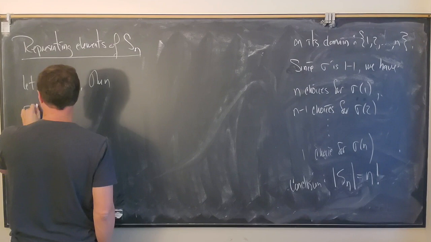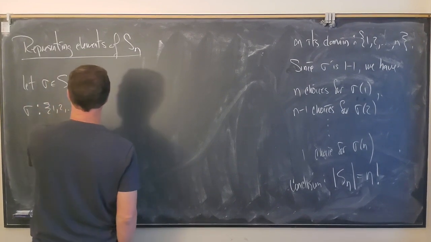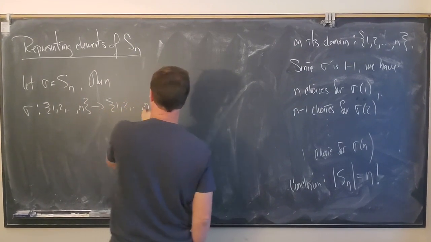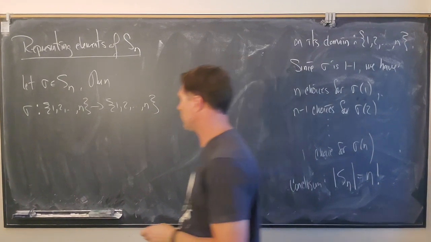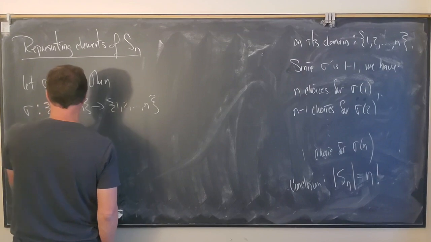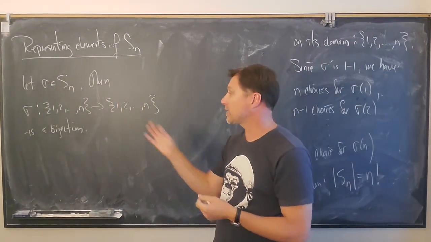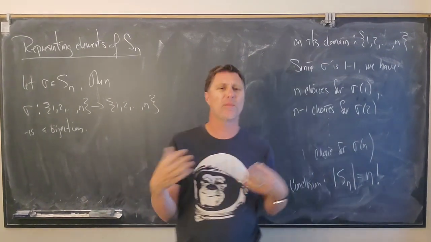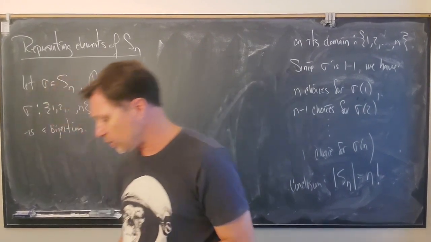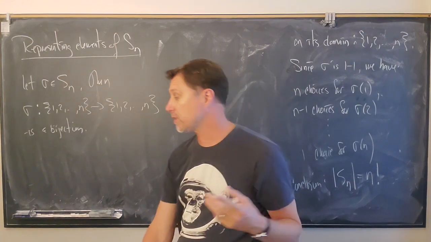Sigma is a bijection from the set of numbers 1 through n up to the set of numbers 1 through n. If I want to tell you how sigma behaves, what it does to each of the elements, sigma of 1, sigma of 2, if we want to give a way to describe the formula, then what I need to do is specify sigma of 1, sigma of 2, sigma of 3.